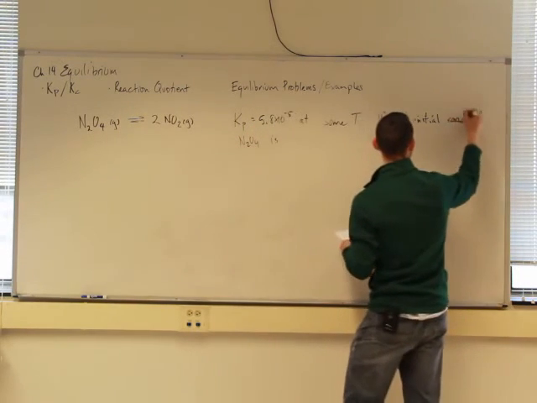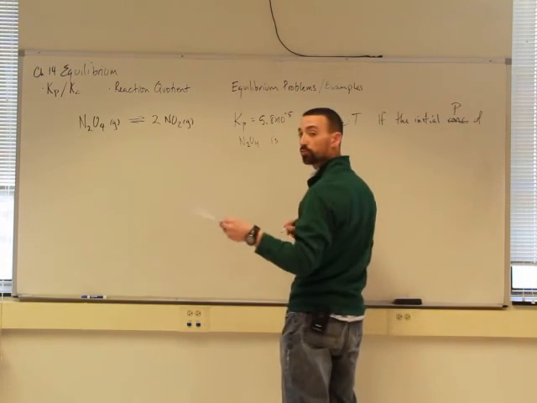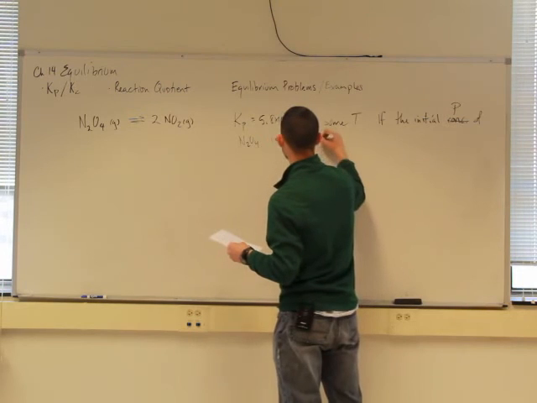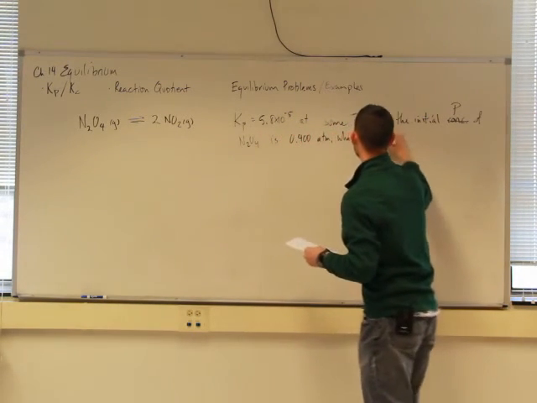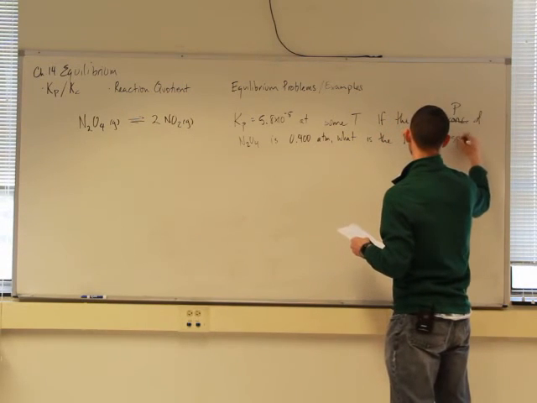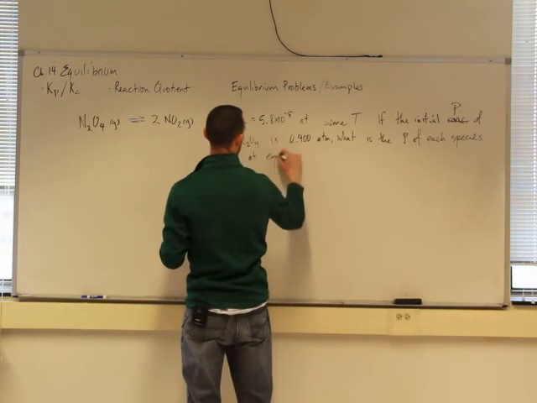If the initial pressure of N2O4, sorry, because that's a Kp, is 0.400 atmospheres, what is the pressure of each species at equilibrium?